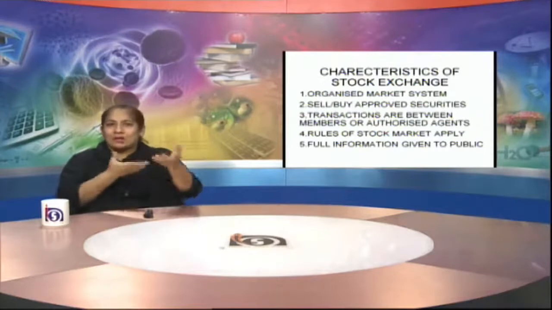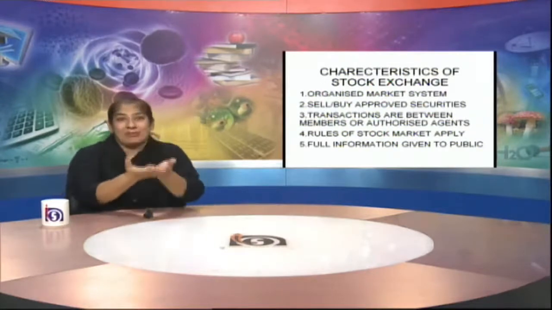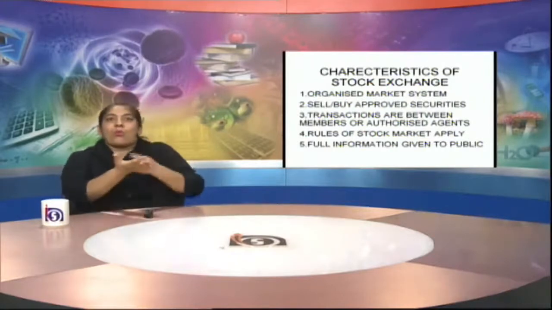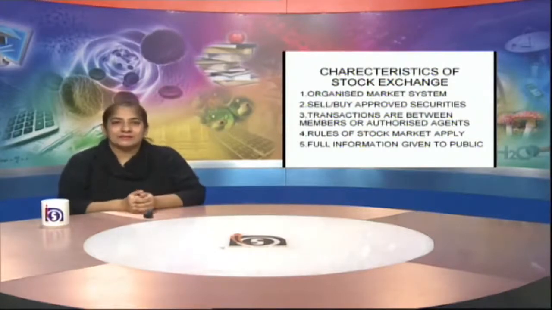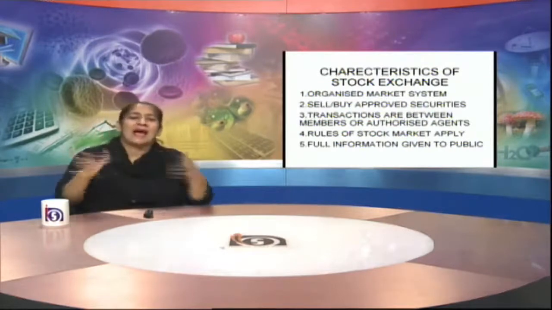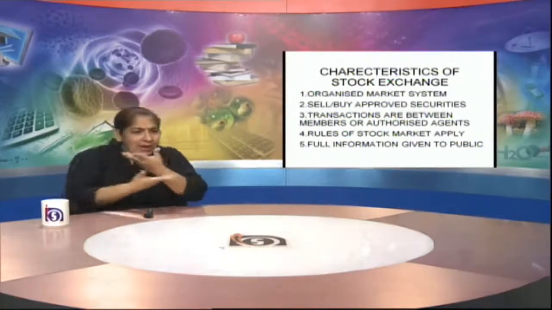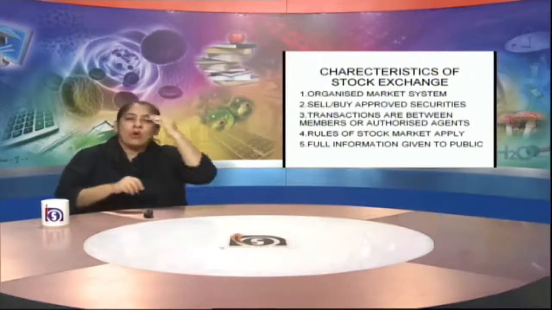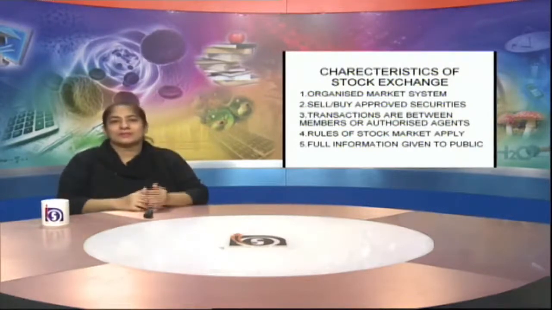The fourth point is, as we already discussed about the stock market, the fourth point explains that there are rules for the people who want to apply in the stock market. And the fifth point explains that full information is given to the public.